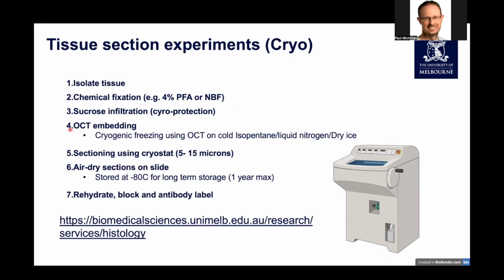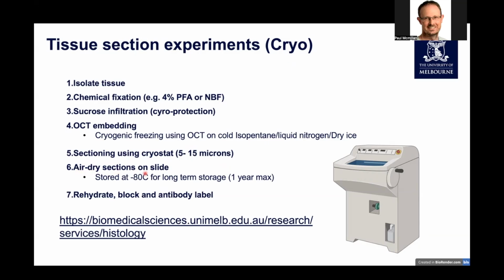We'll go through optimal cutting temperature (OCT) embedding, so cryogenic freezing using the OCT, very, very quickly snap freezing. In this case, we need to section it using a cryostat. Here we can control the internal temperature, so they're still maintained at a lower temperature for this, and cut the sections.